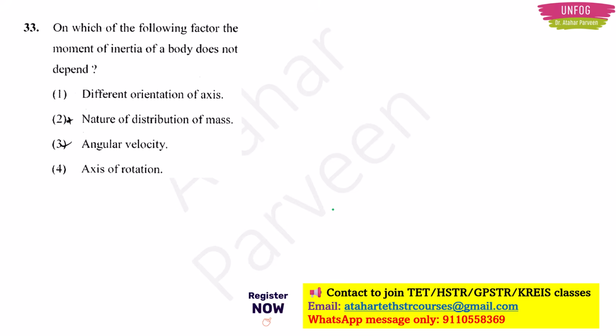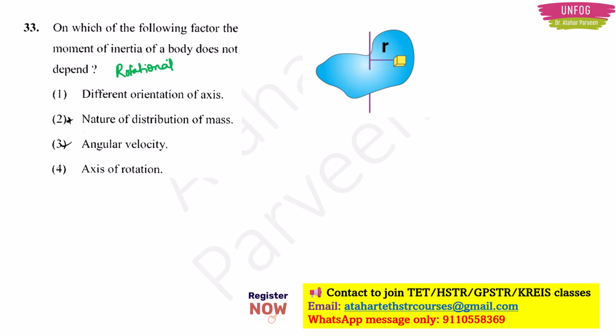Next, question number 33. On which of the following factors does the moment of inertia of a body not depend? See, moment of inertia is actually, you can compare it with the mass when you compare to the linear motion. Moment of inertia is actually the concept of rotational motion. Moment of inertia, I is equal to m into r square.